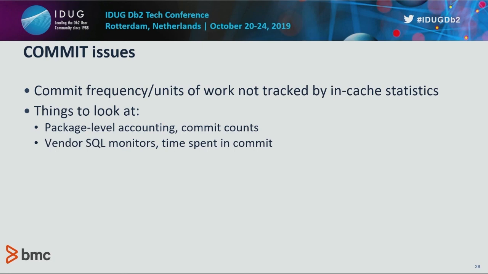Things to look at there would be your package level accounting, where you can see commit counts per package and assess whether you need to consider committing at a different frequency. Also, a number of vendor-provided SQL monitors will capture how much time is being spent in commit or rollback, so that's another possibility.